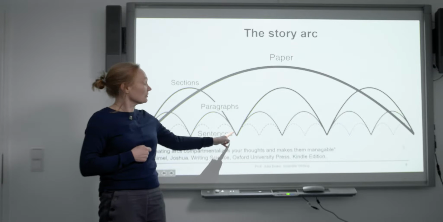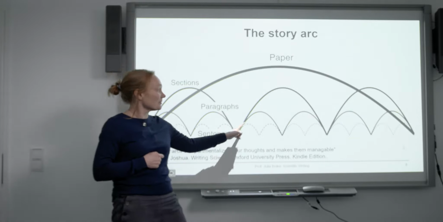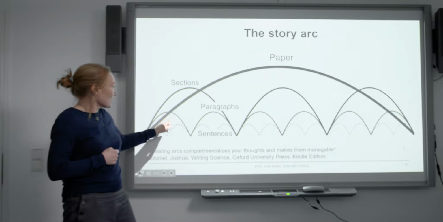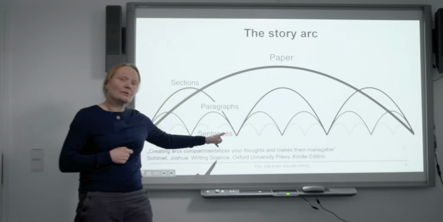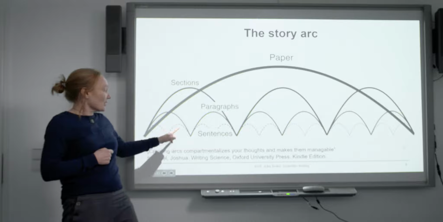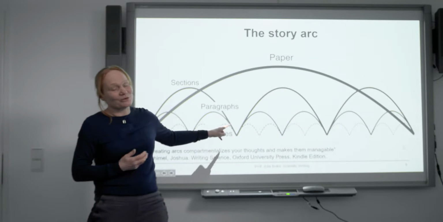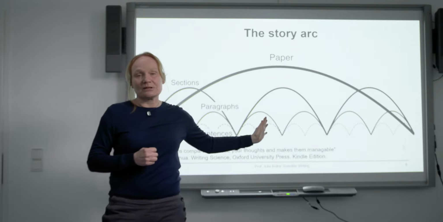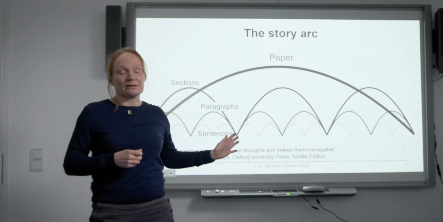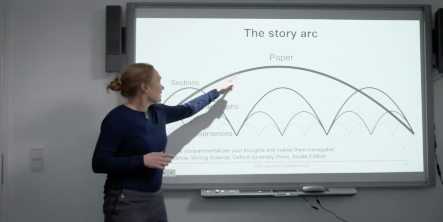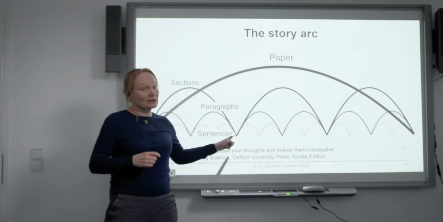It's important that you find the resolution and start again. Then you have even smaller arcs: the paragraphs, which we will talk about in detail. And even further down, we have the sentences. Each paragraph is composed of sentences. So think about your paper, about this concept of connected story arcs: big Russian dolls, smaller Russian dolls, but they are all connected.